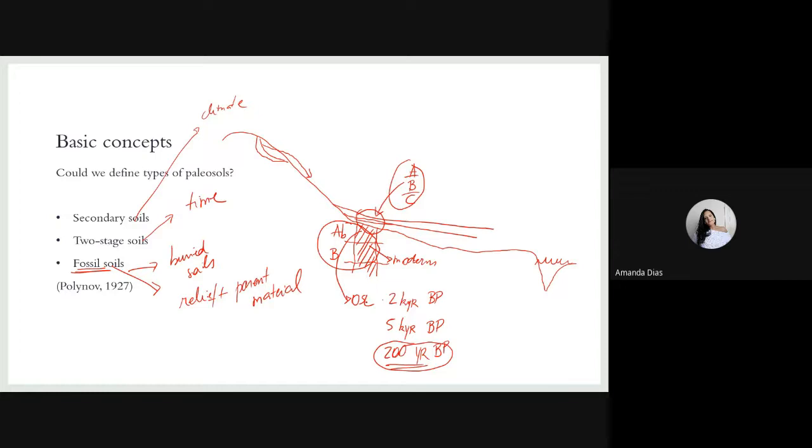Because I think the horizon AB can have more interference with the relief and the deposited material, and I think it's better to prepare this same sample in the horizon B. Is that okay or not?